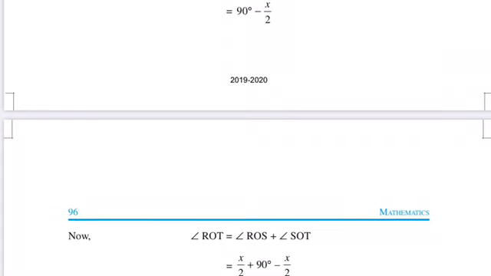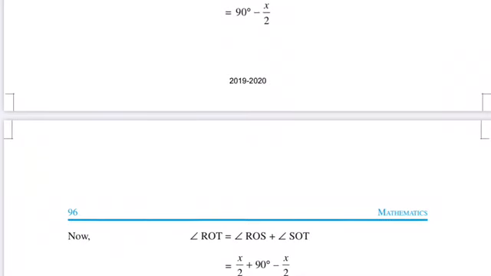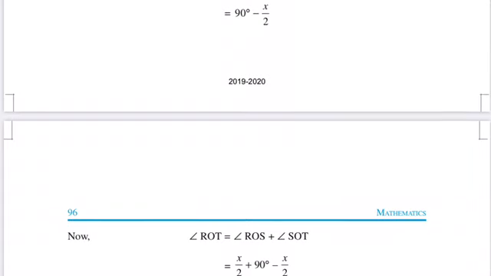So we can write what? Look very clearly. Angle ROT is equal to angle ROS plus angle SOT. In the place of angle ROS, it is X by 2, and in the place of angle SOT, it is 90 minus X by 2.